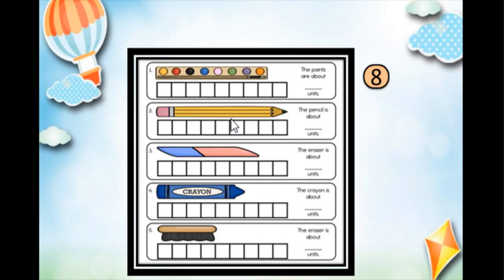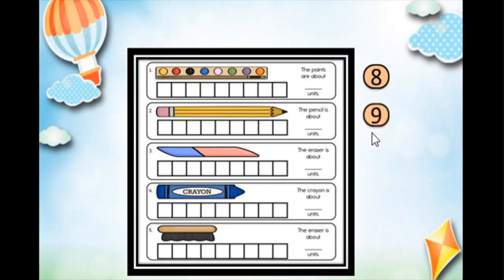Let's count. Ready? Go. 1, 2, 3, 4, 5, 6, 7, 8, 9. How many small boxes long is the pencil? Very good. It's 9 small boxes long.